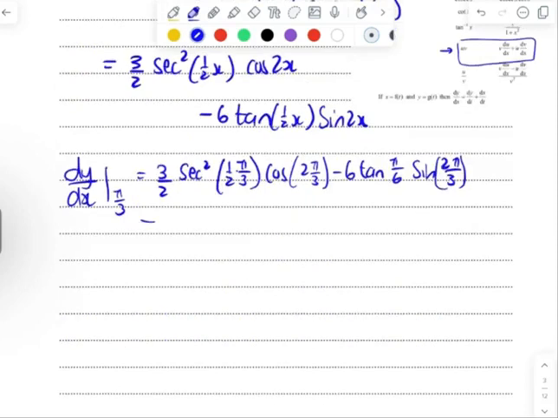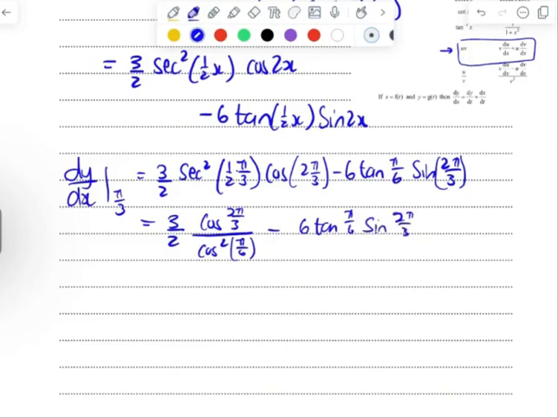So let's just see what this ends up being. I think I'm going to simplify where I can, and where I can't, I'm just going to plug it into my calculator. So this is cos 2 pi over 3, and then this is going to be cos squared pi over 6. Okay, so I'm first actually just rewriting this. Make sure your calculator is in radians because we've got a lot of pi's here that we're working with.